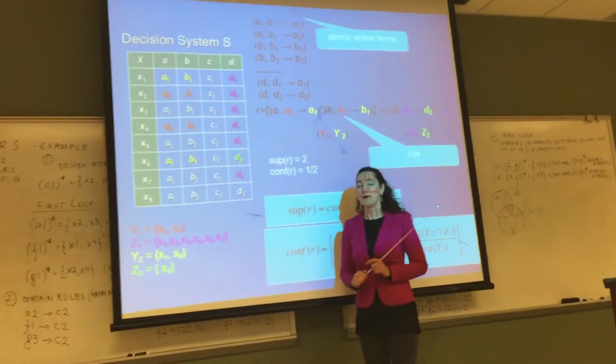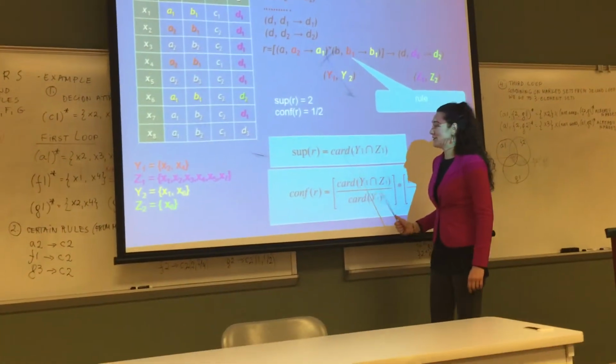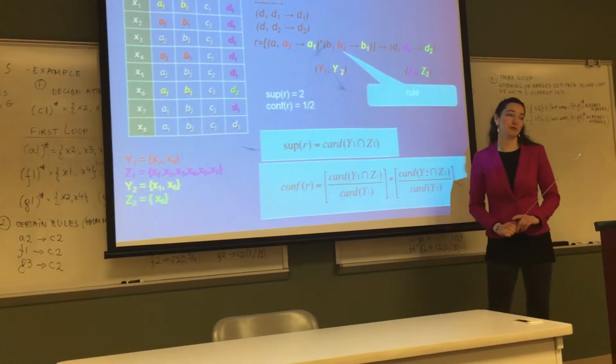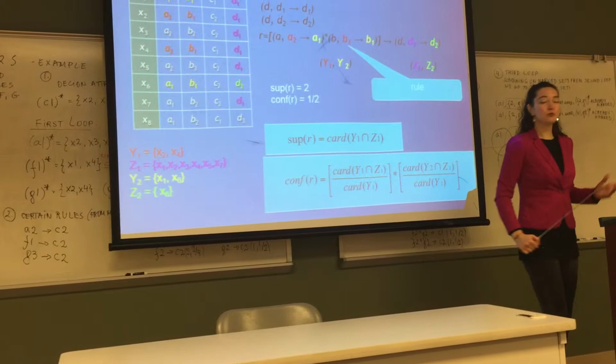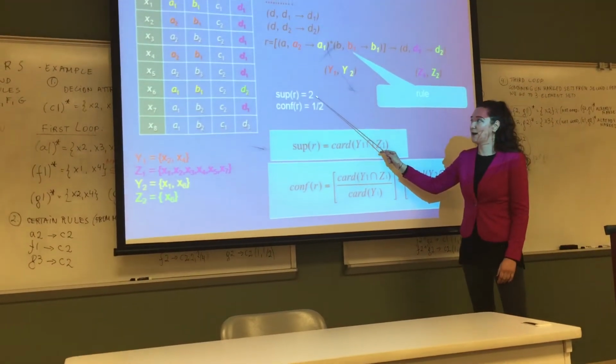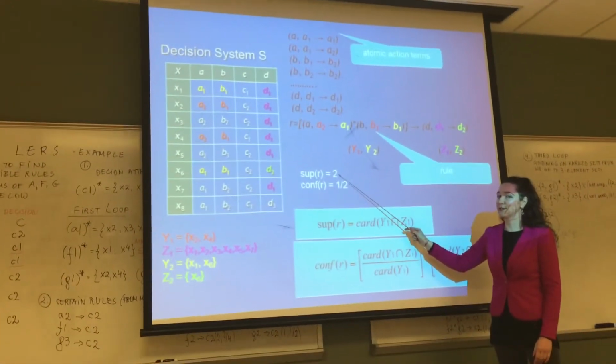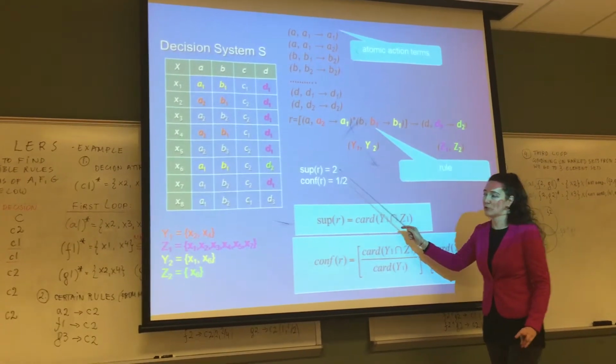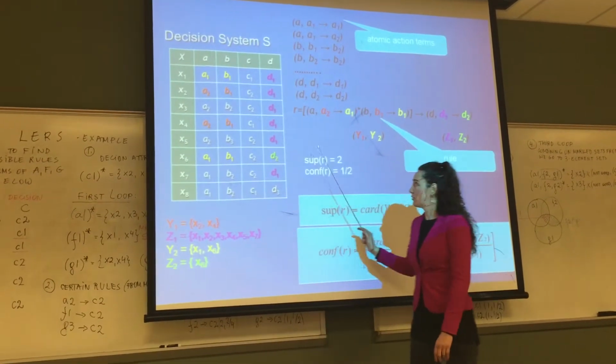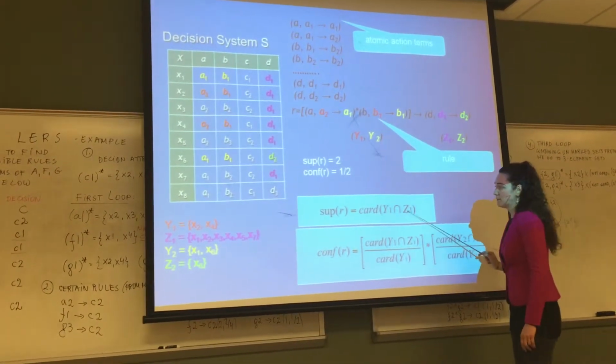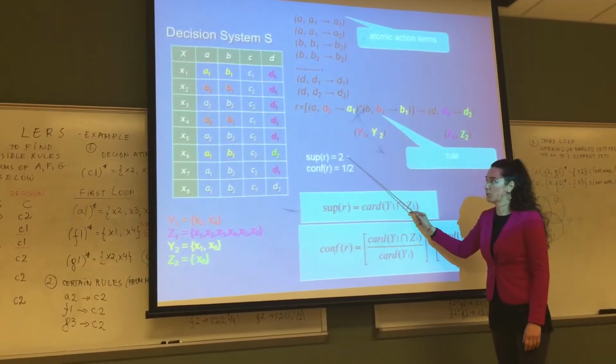There's X2, X4 here and X2, X4 here. What is the cardinality of that set? X2 and X4? 2, because the cardinality is the number of objects in the set, and we have two objects, X2 and X4. So the cardinality of the set is 2, so the support is equal to 2.